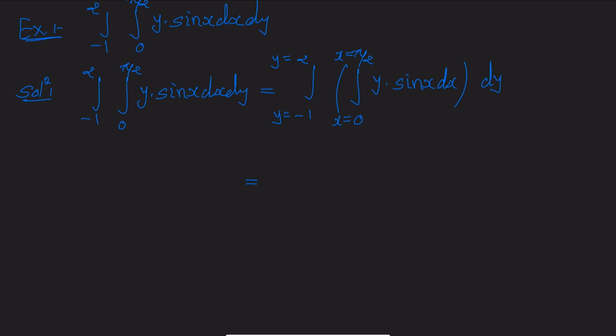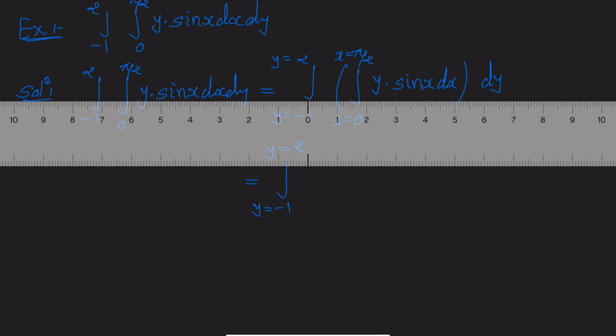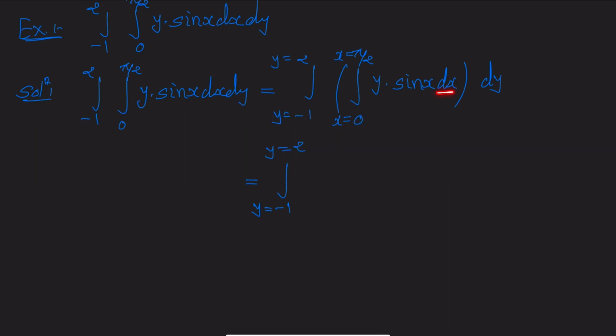So this is equal to the integration y is equal to -1 to y is equal to 2. When we integrate with respect to x, y is assumed as constant, so y stays as it is.